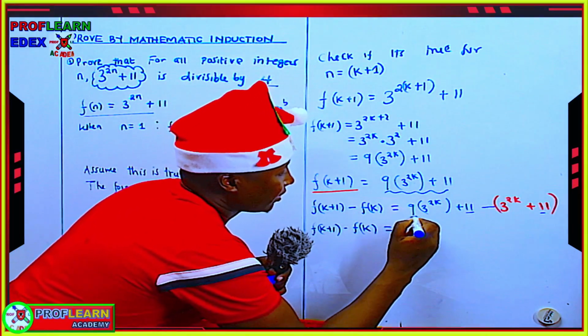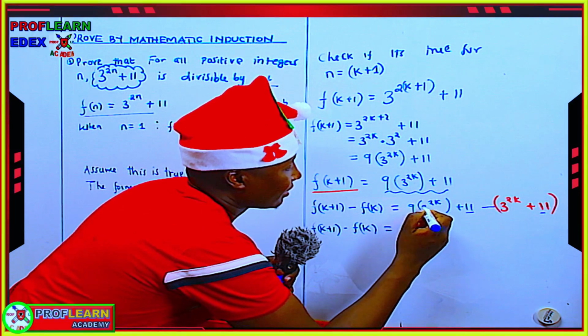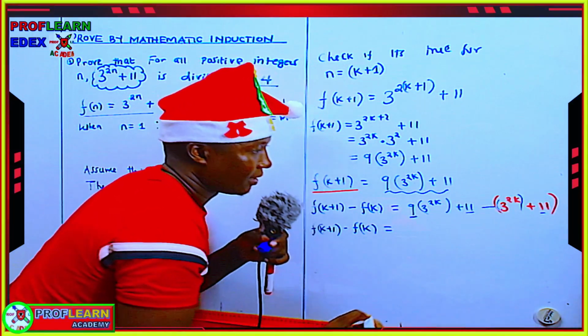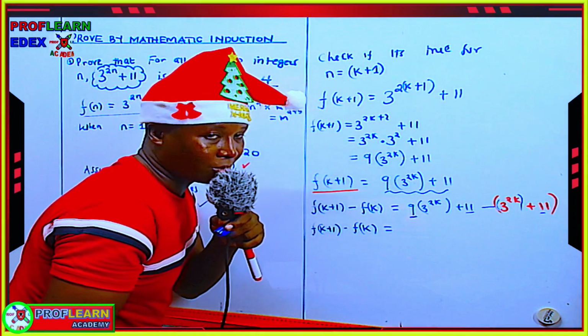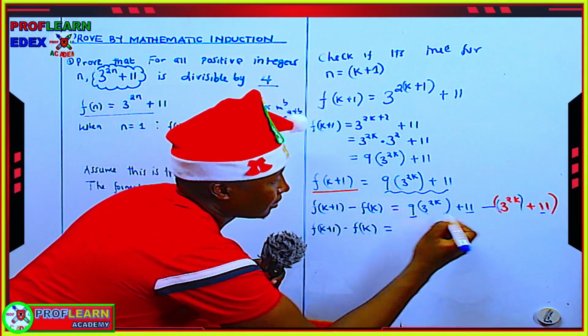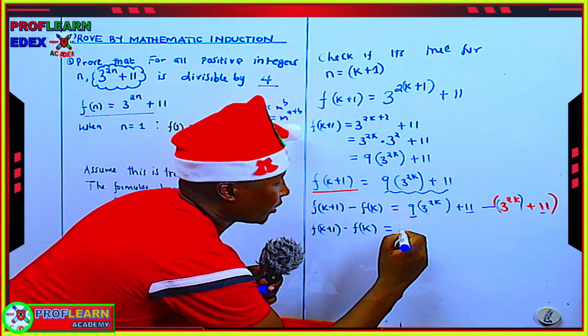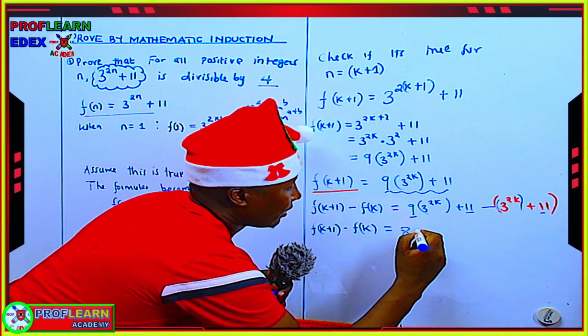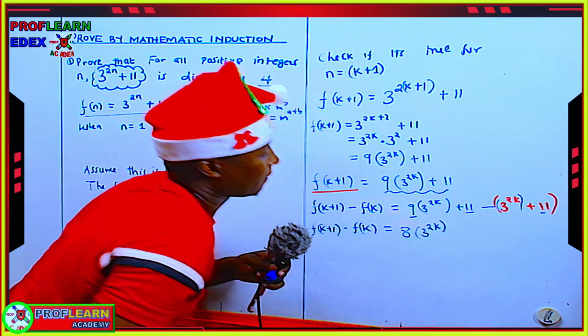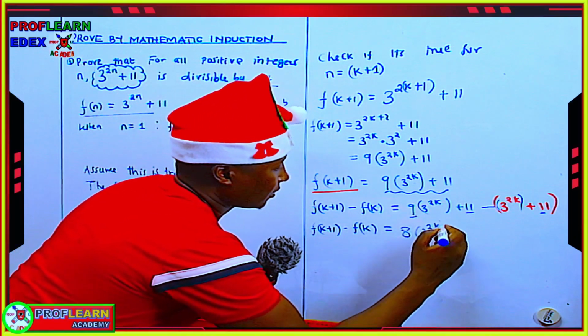And if we subtract, this is like having 9 of this, but here we are having just 3 raised to power 2k. So it's like we are having 1 of it. So this minus 1 is going to be equivalent to 8, and that will be into bracket 3, 2k, right?